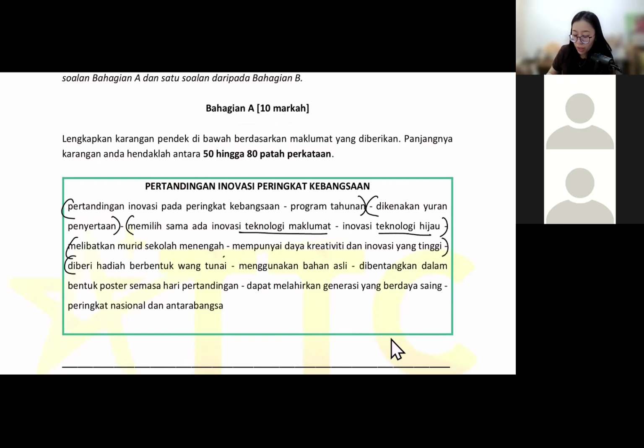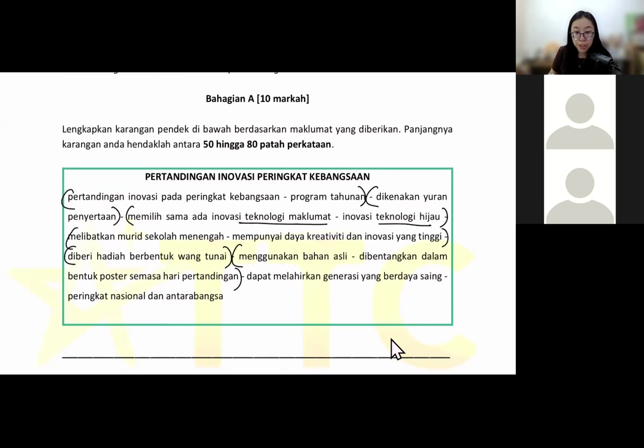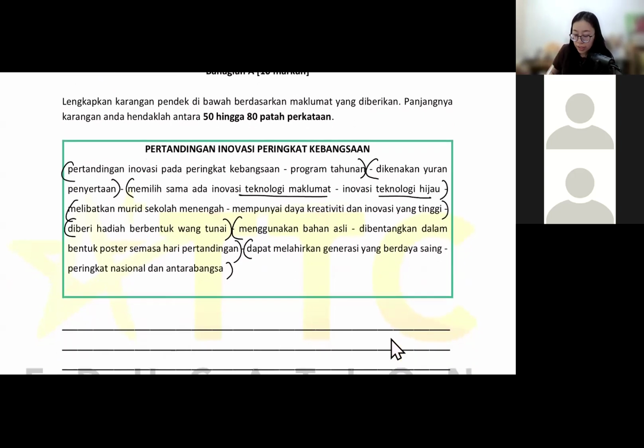The next one will be you giving the hadiah, the present, as cash. And they have to use bahan asli and present it in a poster form during their competition. So that in conclusion, dapat melahirkan generasi yang berdaya saing. Okay, now the first thing, we write this one first.